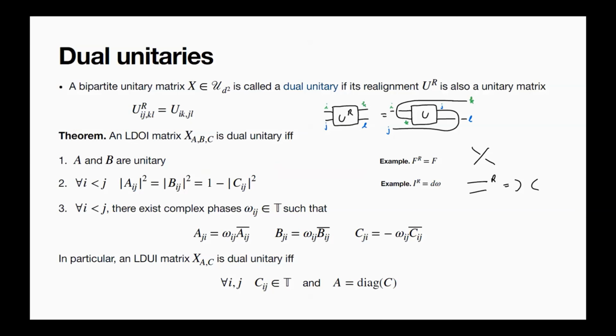A dual unitary is a unitary matrix U which has the extra property that when I permute two of the legs of this tensor U, the resulting matrix will still be a unitary matrix. In this notion of dual unitaries, I need to permute the bottom left and top right legs. So dual unitary means U has to be unitary, and this realigned matrix obtained by permuting two of the four legs of U also needs to be unitary.